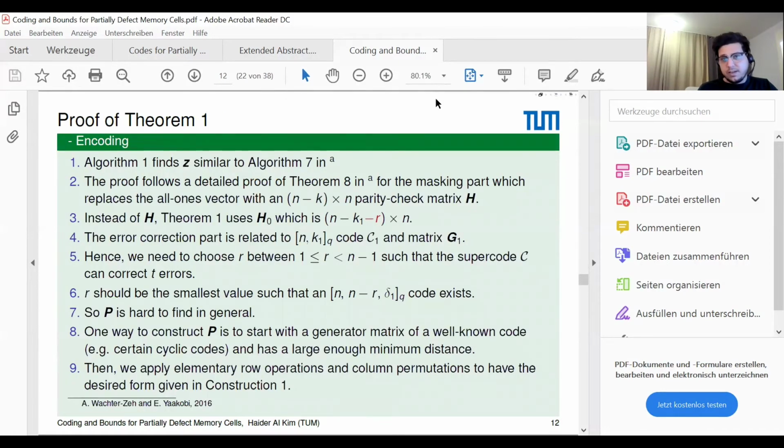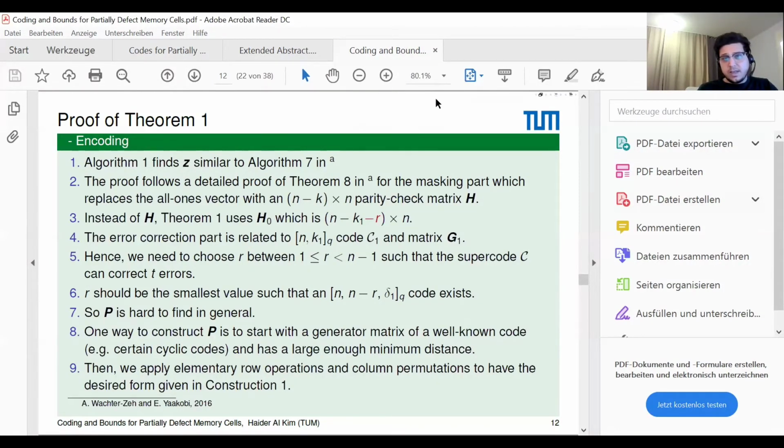So algorithm 1 finds Z, and then we follow from theorems 8 and 7 in Wachter-Zeh and Yaakobi for the masking part, which just replaces the all-one vector with an n minus k multiplied by n parity check matrix. And then instead of H in our theorem 1, or construction 1 here, we use H naught of the other dimension, which is n minus k1 minus r, and this is the redundancy required for the error correction part.